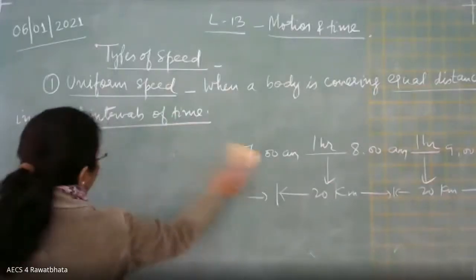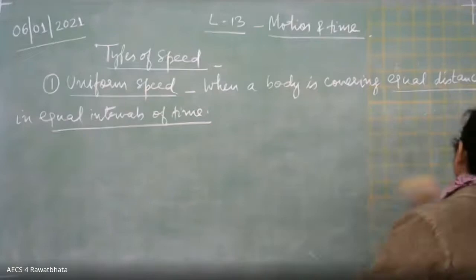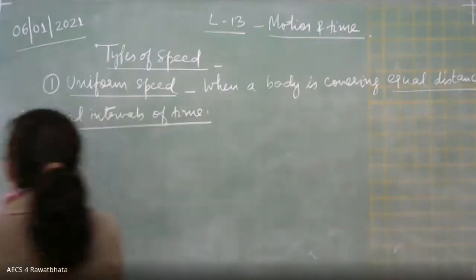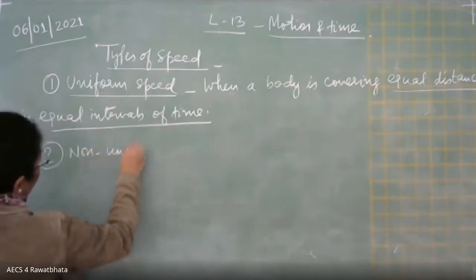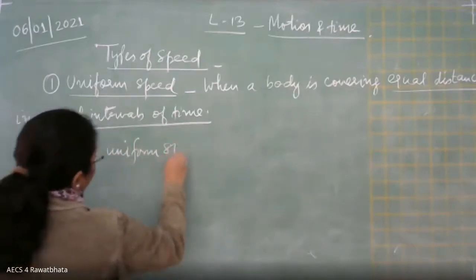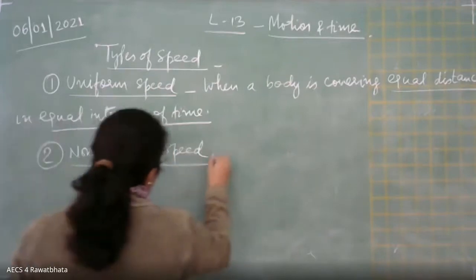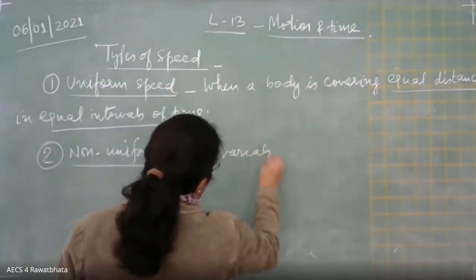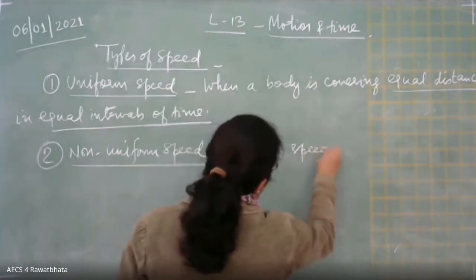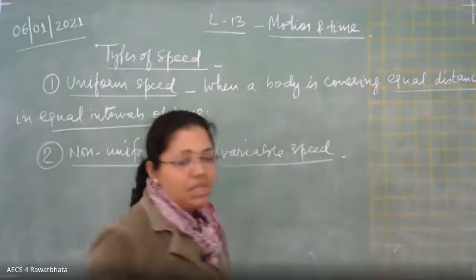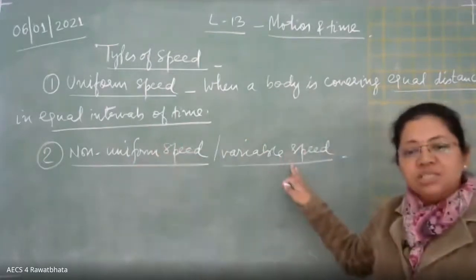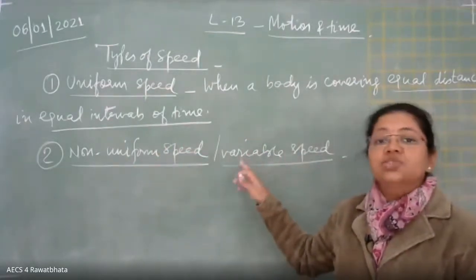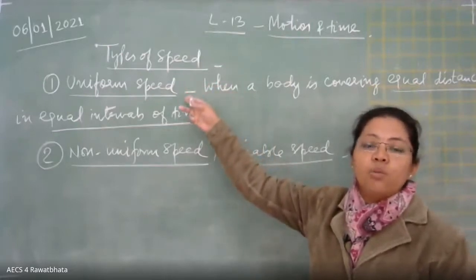Yes, so we have another type of speed that is called non-uniform speed, and is also known as variable speed. Now, non-uniform speed or variable speed, its definition is just opposite to that of uniform speed.